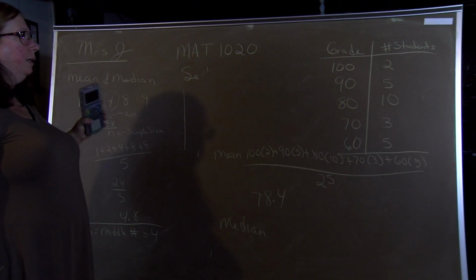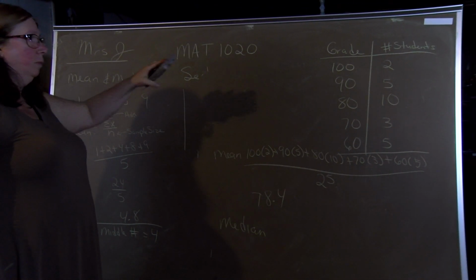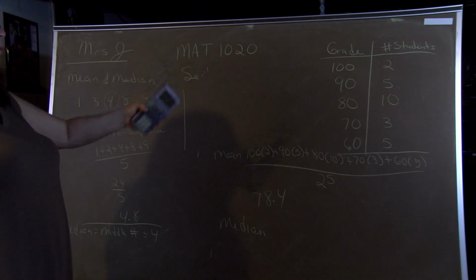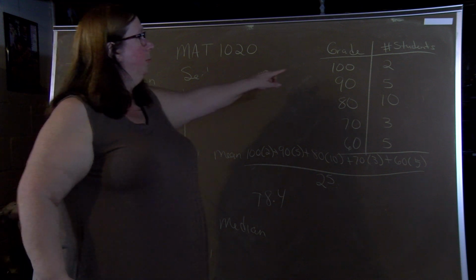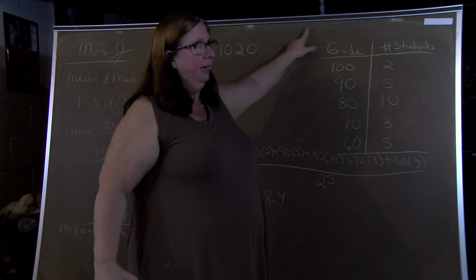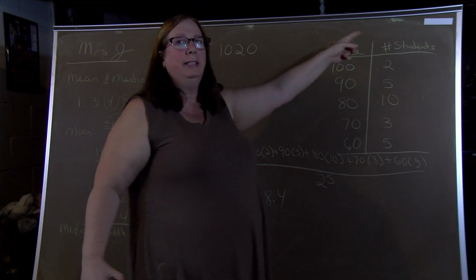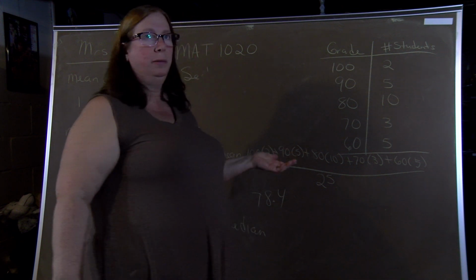Now to find the median, it would be the middle number, but you don't want to write out all 25 numbers because there'd be 100, 2 times, 90, 5 times, 80, 10 times, and then we need to find the middle.